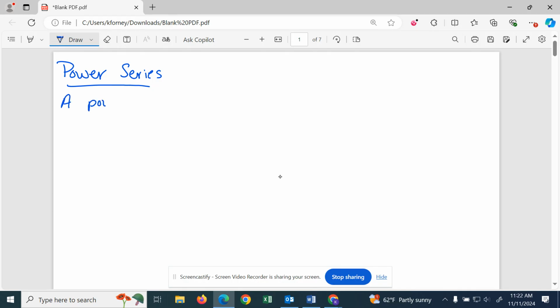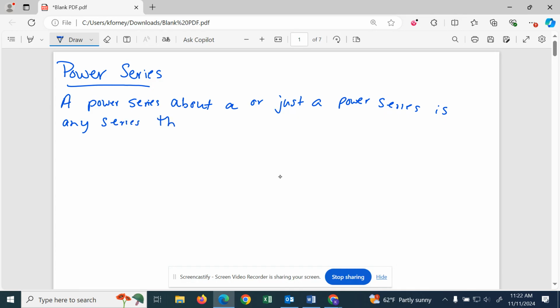by saying a power series about a, or you can just say a power series, is any series that can be written in the form the summation from 0 to infinity of c sub n times (x minus a) to the nth power, where a and c sub n are numbers.